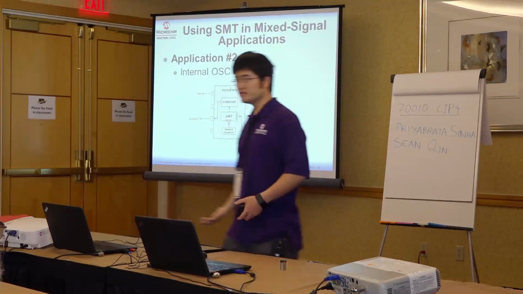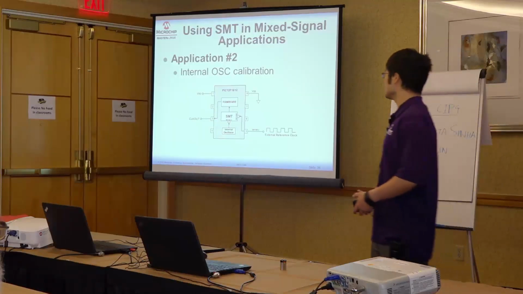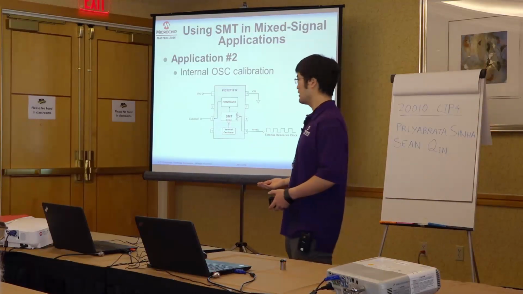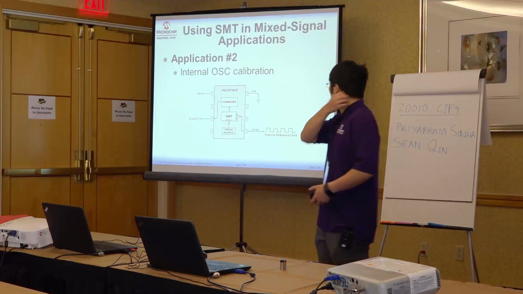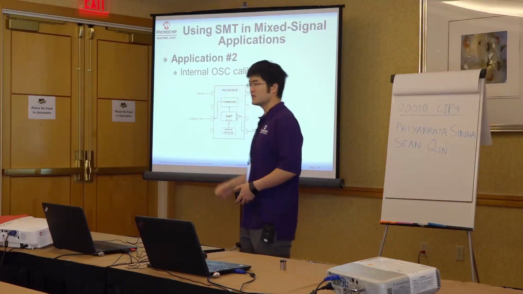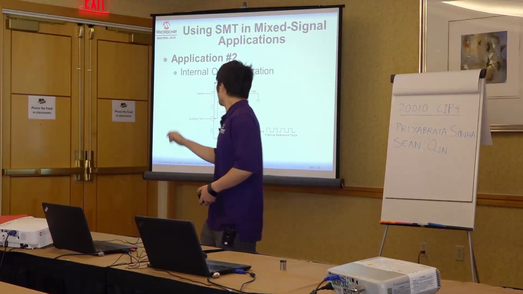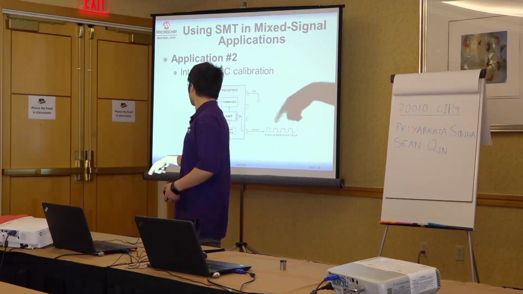Another possible usage is that we can use it to tune your internal oscillator. So what we can do here is, if I have a stable external reference clock, I can feed this clock to my SMT because I know this is a very stable clock.